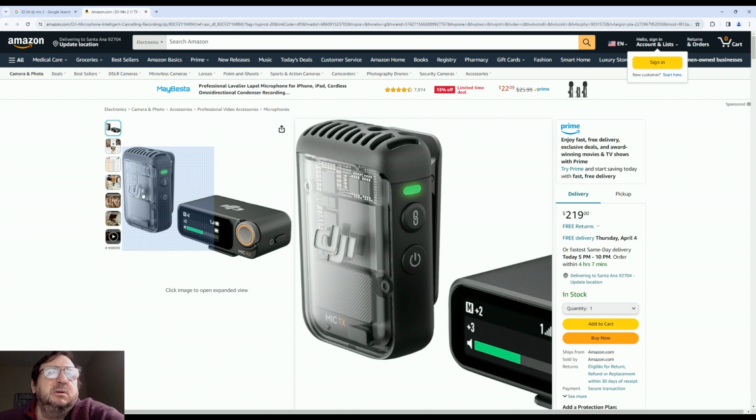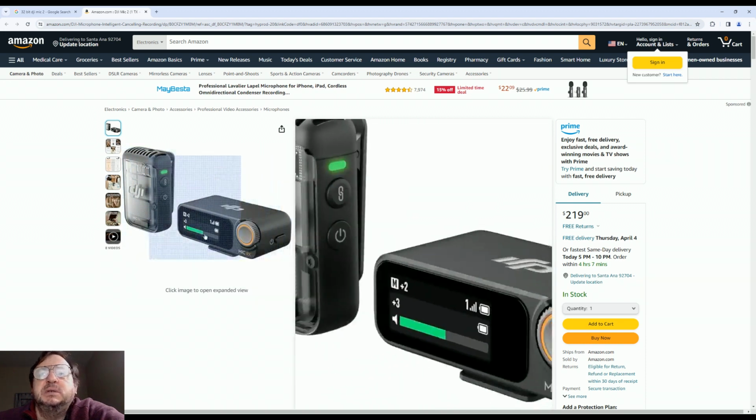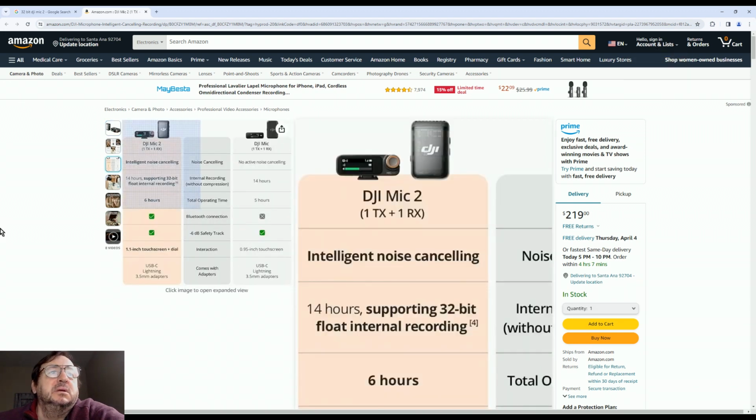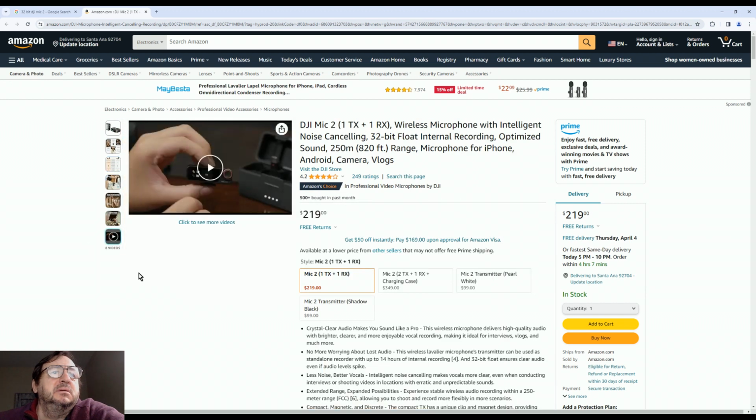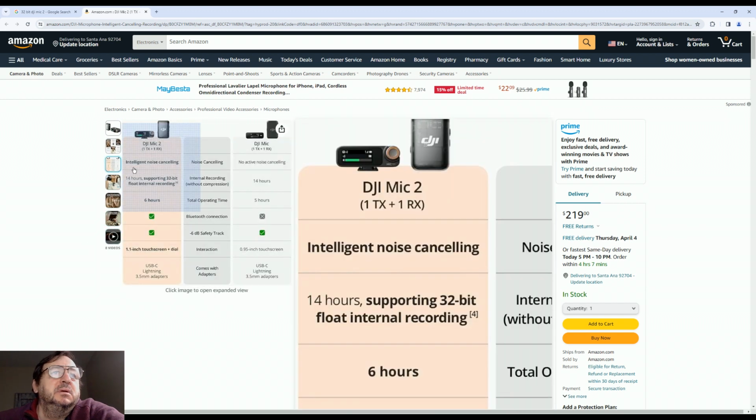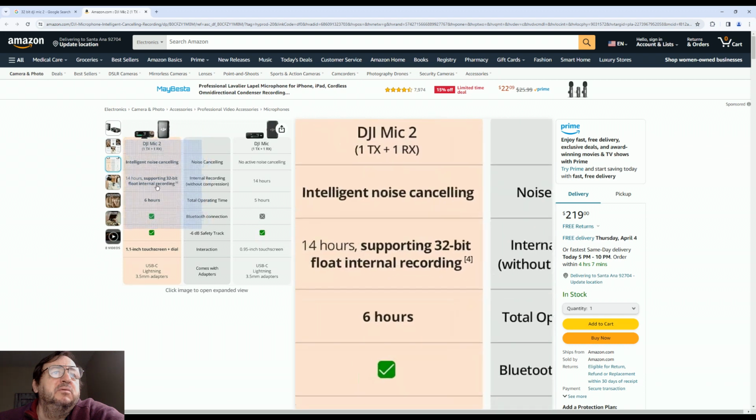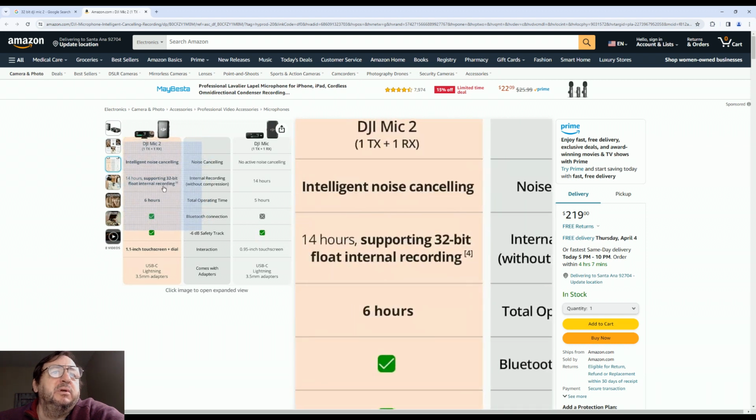So this basically has 32-bit float internal recording.